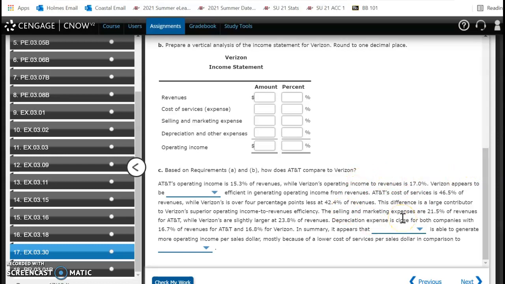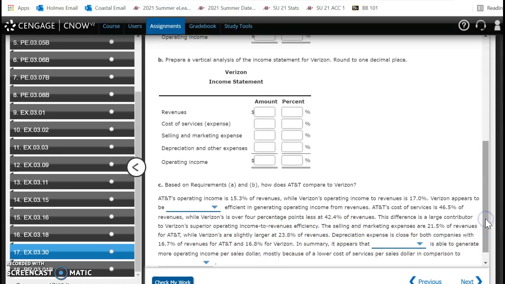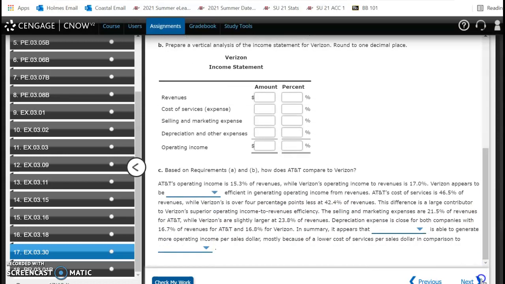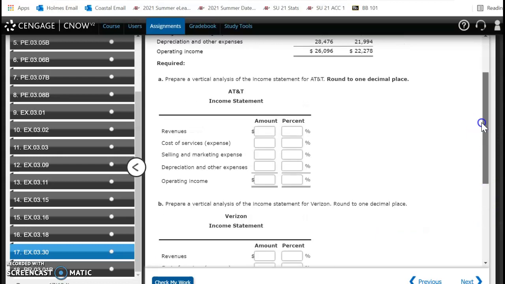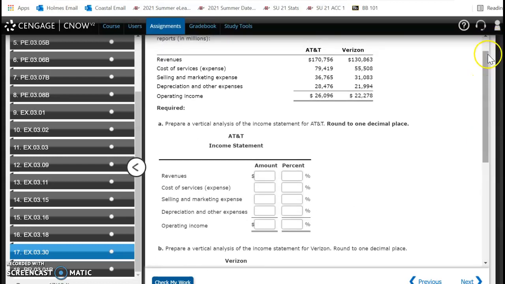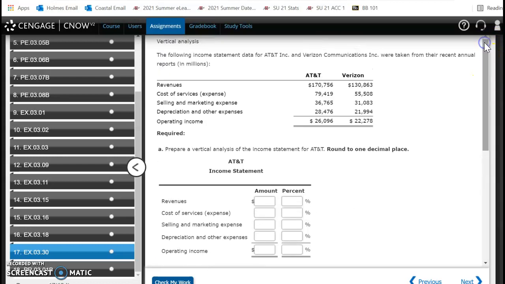Meaning that the higher the percent operating income going to the revenues, the better. Okay. And then you're kind of comparing the percent of revenues that goes to depreciation expense. Okay, so that is how you're going to do question 17 on chapter 3.